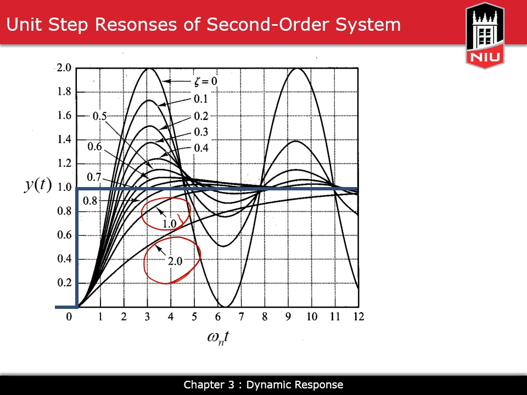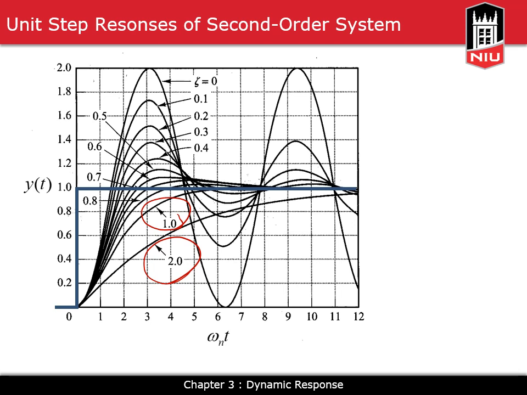If zeta goes anywhere below 1, like 0.8, 0.7, or any other ones that you can see, the response will have some oscillation, so obviously it will go above the final value and then back below and then converge if zeta is somewhere greater than 0 and less than 1. If zeta is equal to 0, then you will see pure oscillations going up to twice the value of the final value, coming back down to 0, going up, down, and this continues.